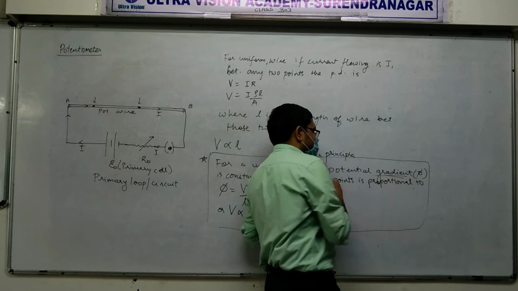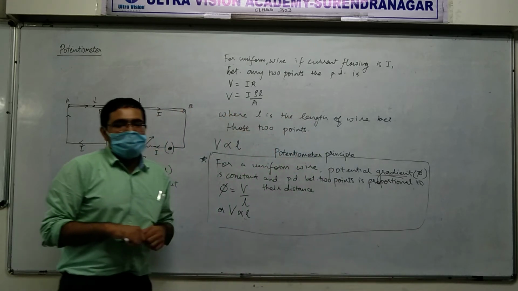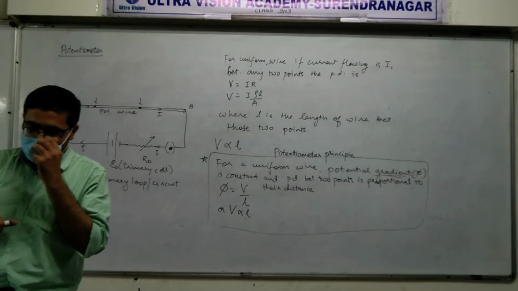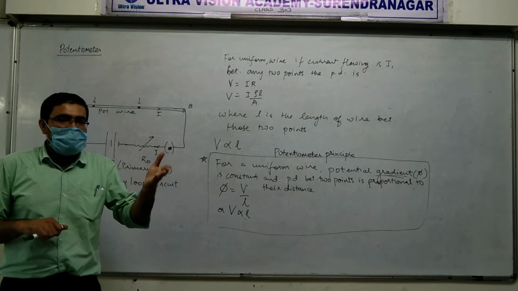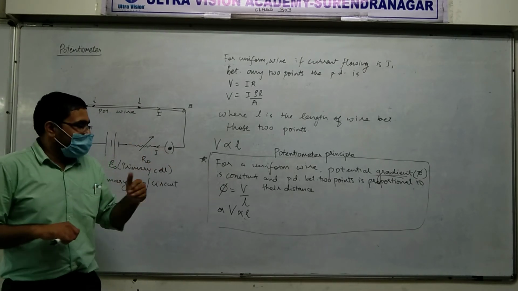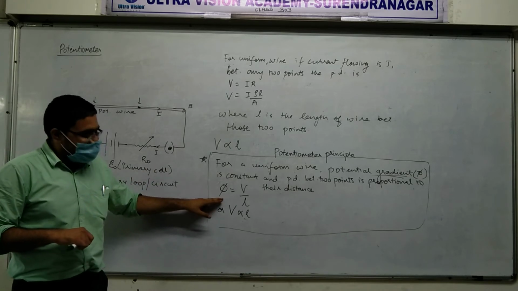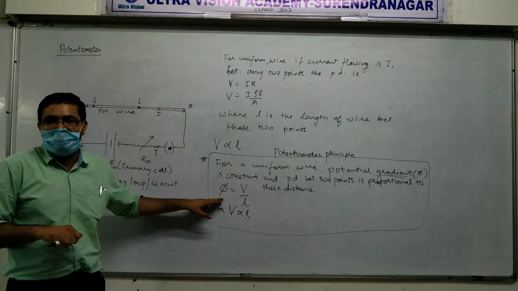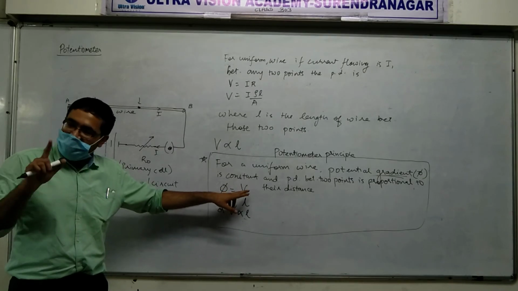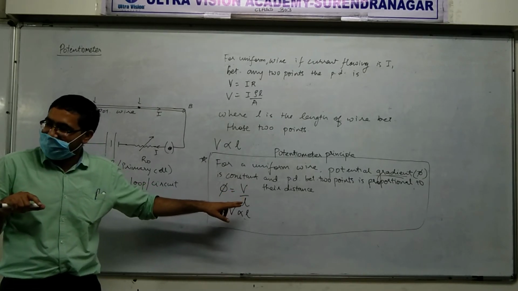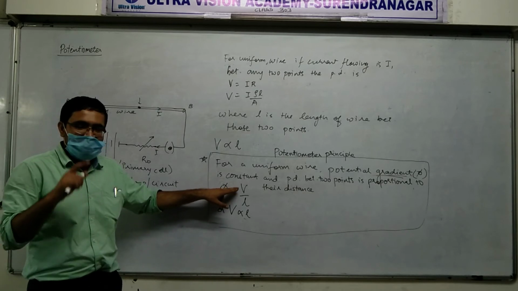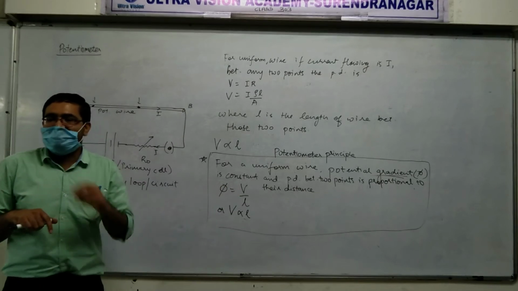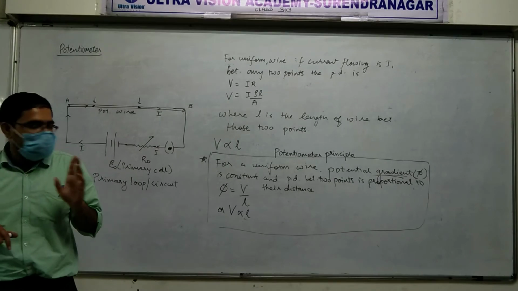You might be wondering what is the meaning of potential gradient. I think I have mentioned this in the past. I'll just repeat. Gradient always means change of some quantity per unit distance. Potential gradient means change of potential, like voltage, divided by length. Understood? Everything clear?